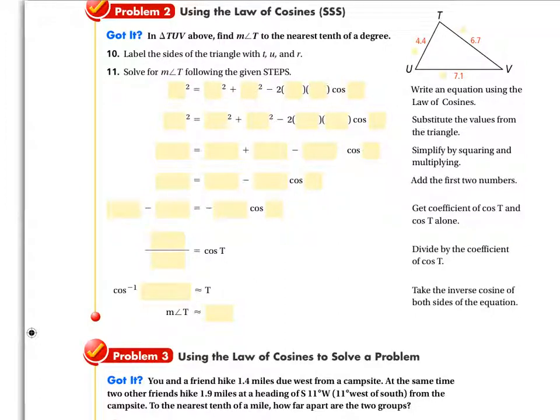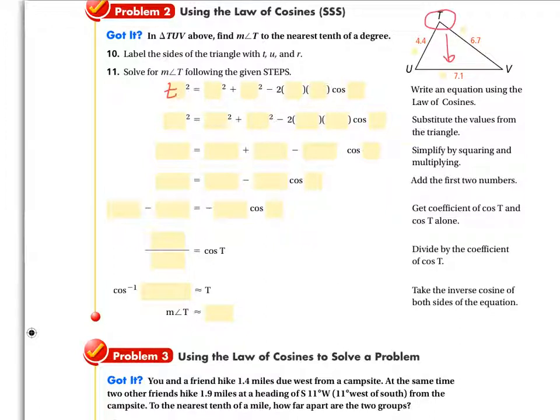And then you decide what you want to find. In this question it says find the measure of angle T to the nearest tenth. Well, here's angle T right here. So if that's the angle that I want to find, then I want to make sure that I'm using T squared, right? So we're going to do T squared equals, what are the other side names?